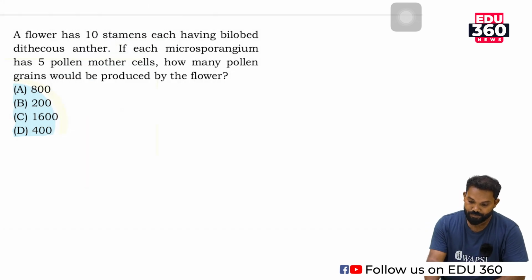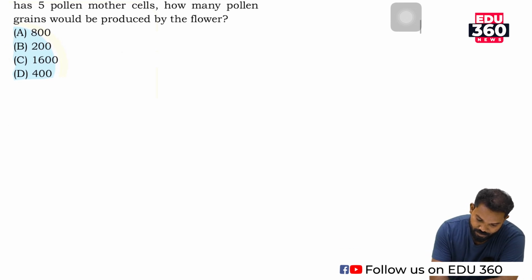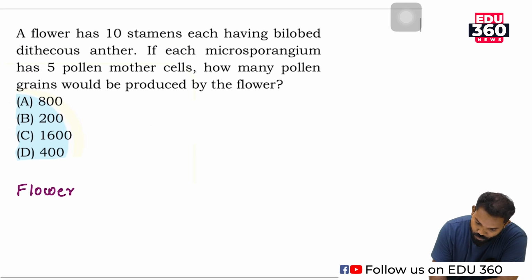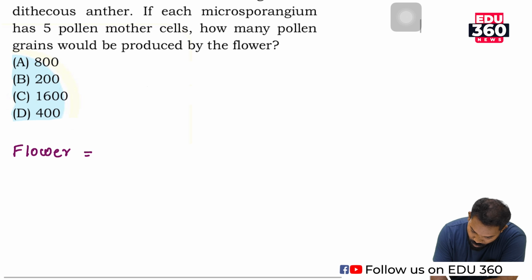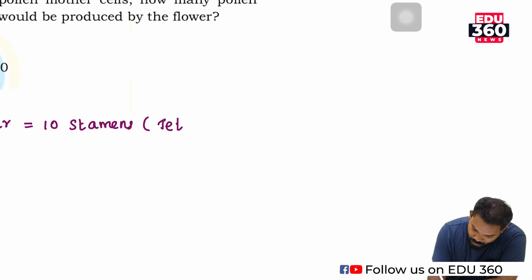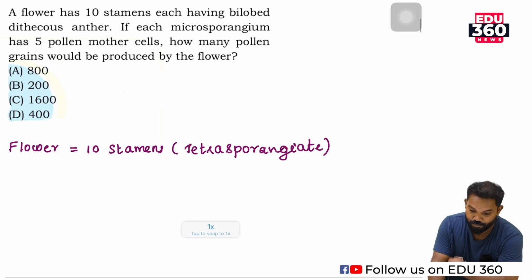In a flower, the question is about a single flower, which has 10 stamens. They are tetrasporangiate, that means each stamen has 4 microsporangia.